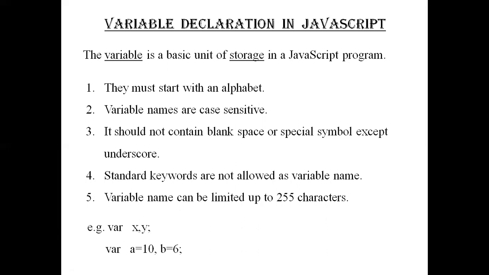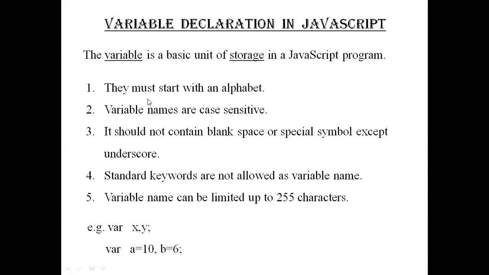How to declare variables. A variable name should consist of alphabets, digits and underscore character only. Apart from these three, no other character is allowed in a variable name.